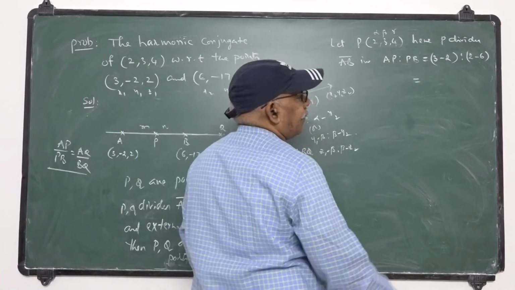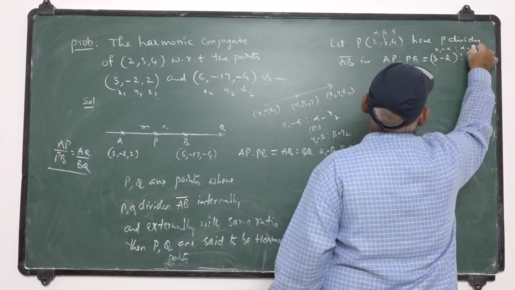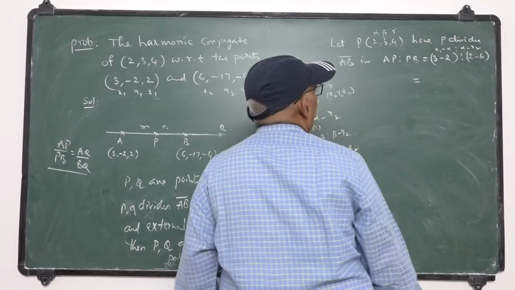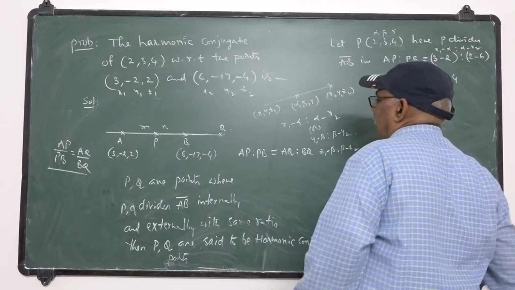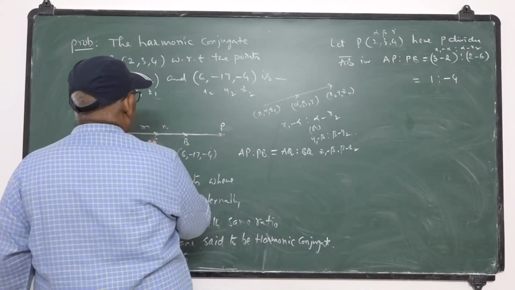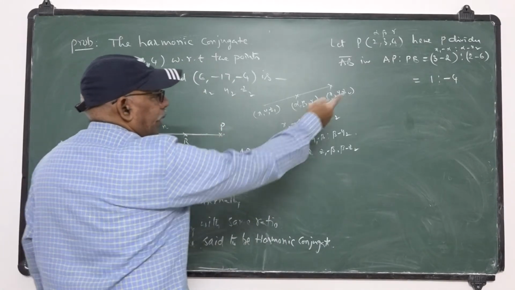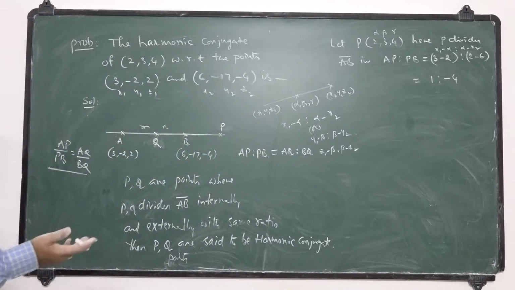The formula is x1 minus alpha is to alpha minus x2. So that is 1 is to minus 4. Hence P is clearly an external point, because we are getting a negative sign in the ratio. That is an external division point.